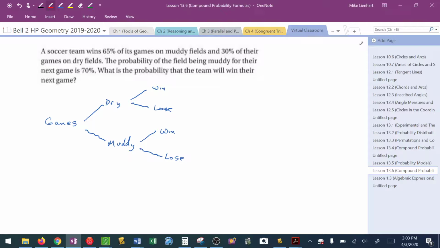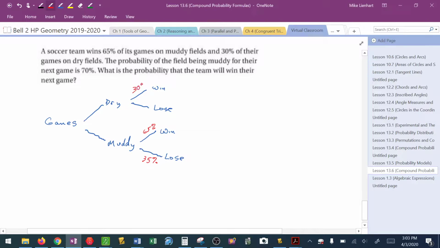And now I'm going to put my information that they gave me from this scenario up here. So they say that they win 65% of the games on muddy fields. So I go to muddy. And then I know for muddy, they win 65%, which means that they lose 35%. Remember, they have to add up to 100%. They say that they win 30% of their games on dry fields.